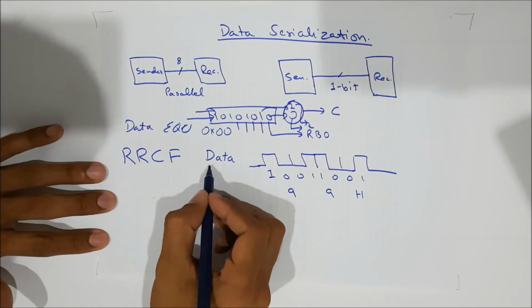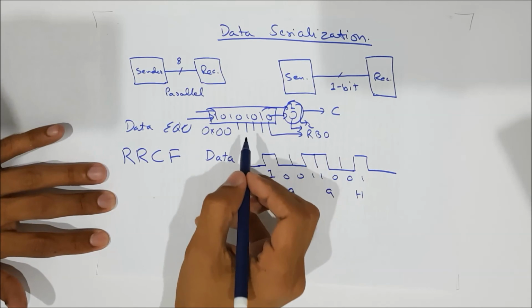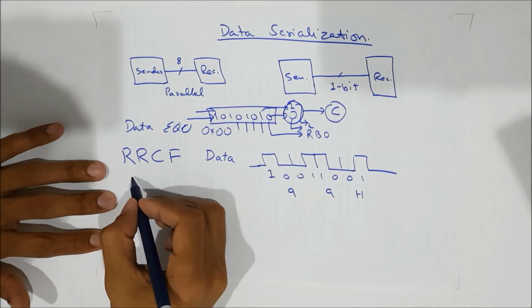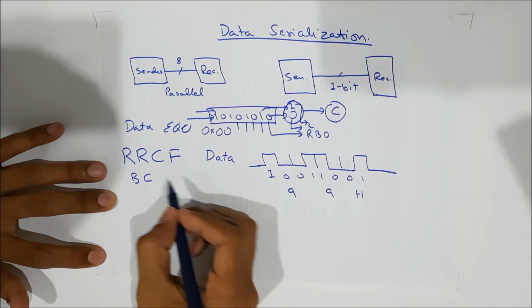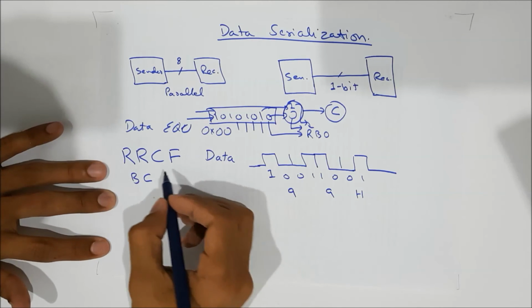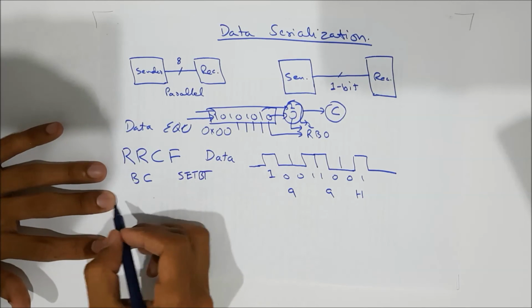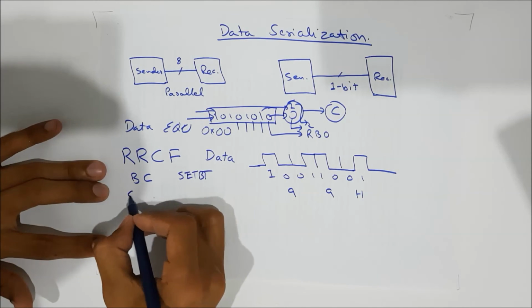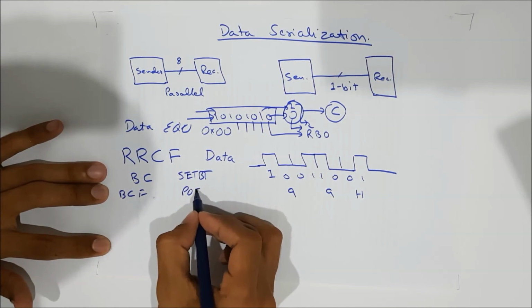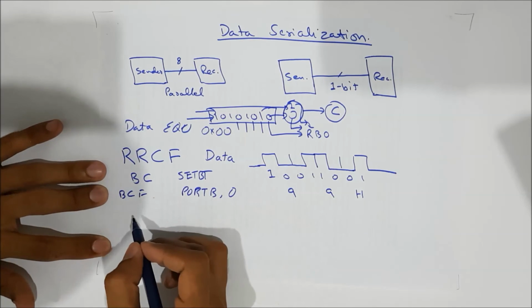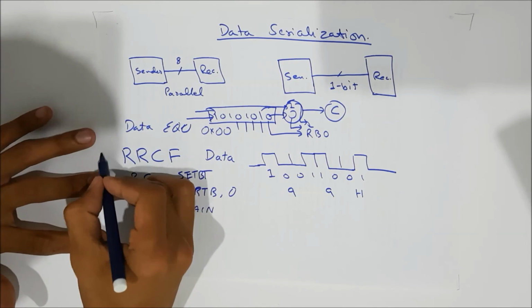Once we rotate it, the rightmost bit, the least significant bit, will pop out and go into the carry. So what we can do next is branch if carry is set to the label set bit, otherwise BCF port B0, go to again.